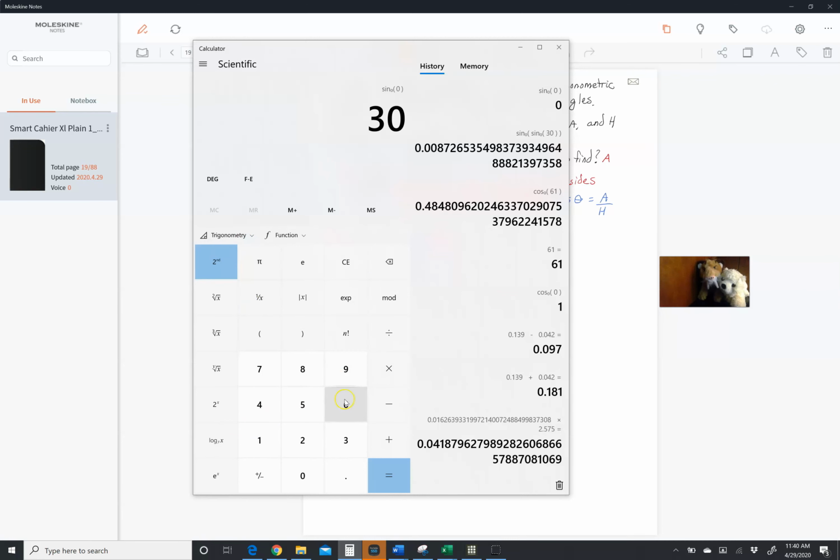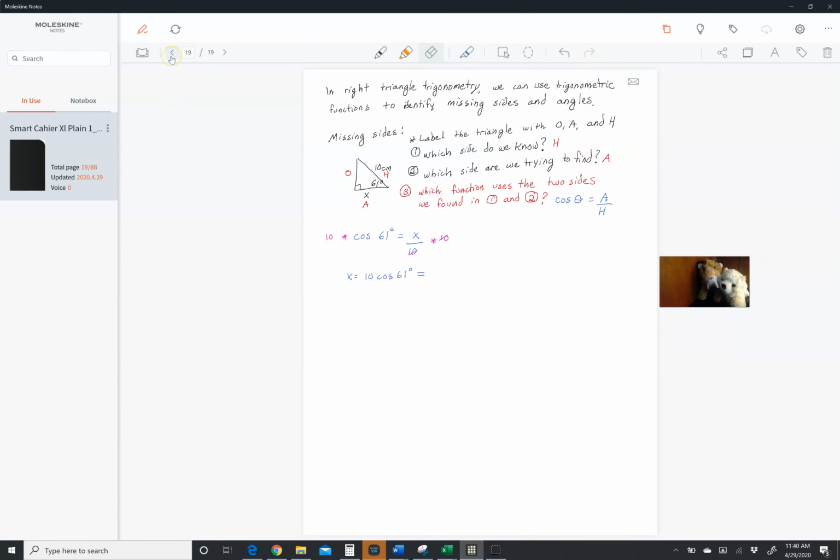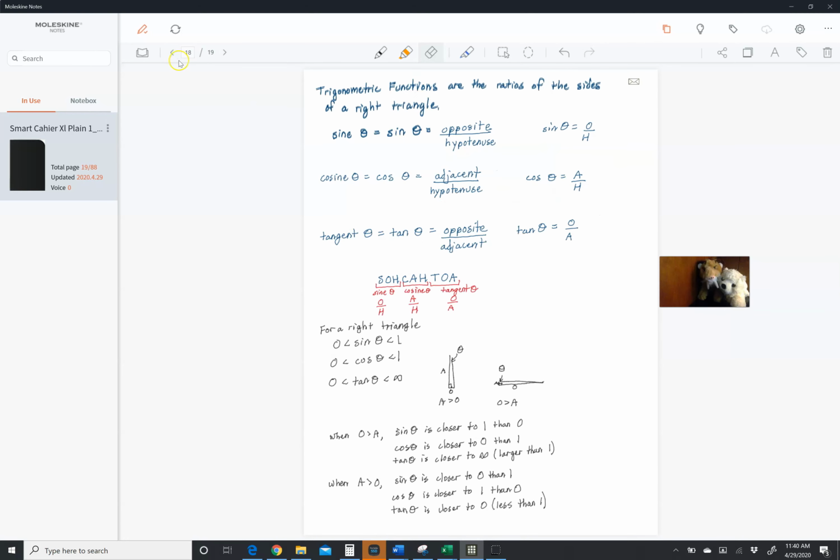And you can see that, just so that you know, as the angle gets bigger, so let's just go back to this for a second, okay? As theta gets bigger, so here theta is really small, right? So here, the opposite is really small. We're going to get a sine that's very small. As theta gets bigger, our sine should be getting bigger also, because our O is getting large.